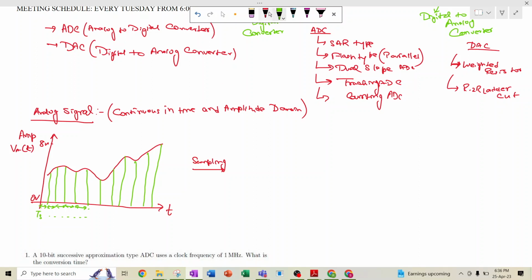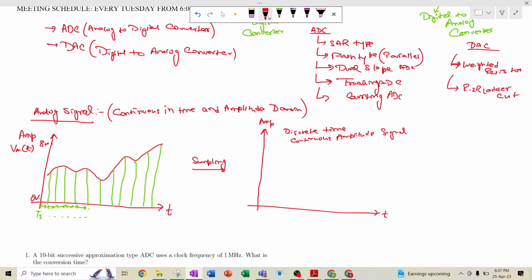After the sampling we get data like this, with time T and some amplitude. It is discrete in the time domain but continuous in the amplitude domain. Sorry, my mistake. So it is a discrete time and continuous amplitude signal.